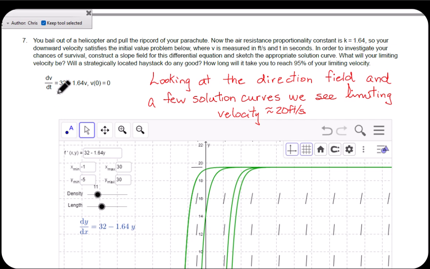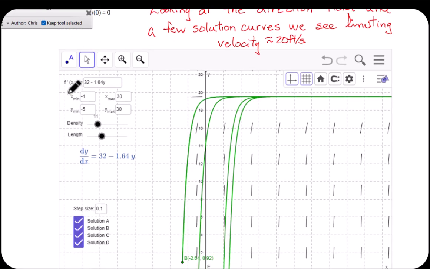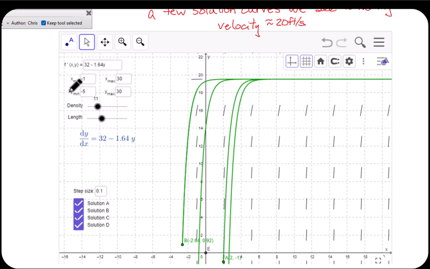So, how I did this problem, and we also want to know how long to reach 95% of the limiting velocity. To do this, I made a picture of the flow field. The first thing I notice about this particular flow field is it's not all over the place. Our speed will increase, but after some time, all of these trajectories are flattening out.